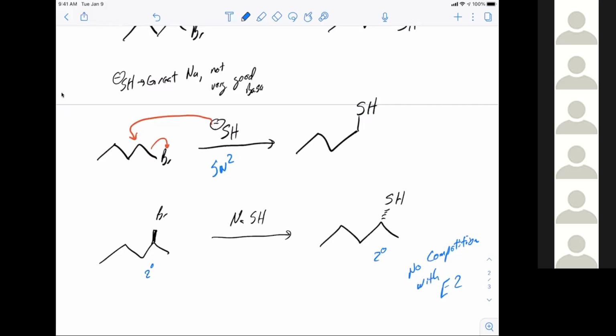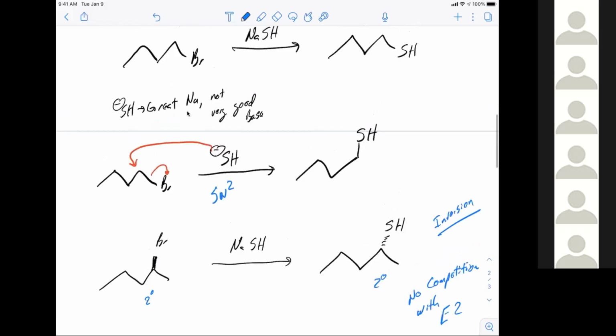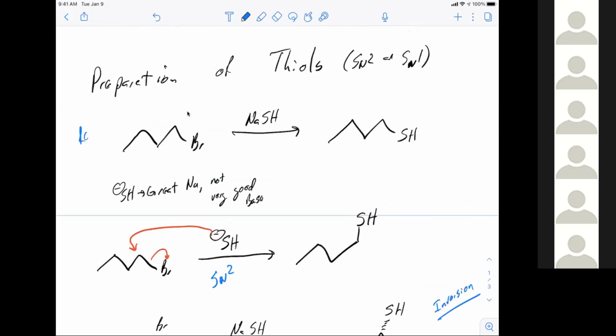So what we would have seen in oxygen, if we try to do this with sodium hydroxide, is that the sodium hydroxide would be a good base as well as nucleophile, and we get competition with E2. With sulfur-containing compounds, we really don't see that. We do see inversion, right? And that's because this is SN2. Okay, so if you think about this reaction, this is review, right? So preparation of thiols is just a review of it as SN2.